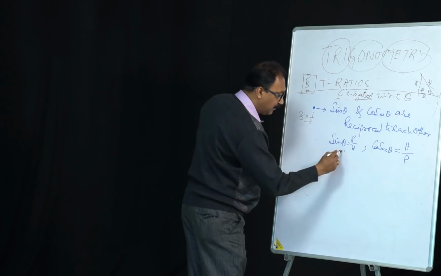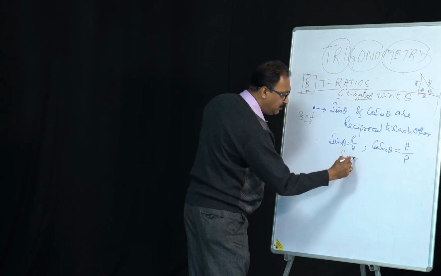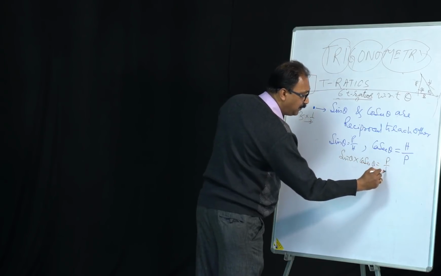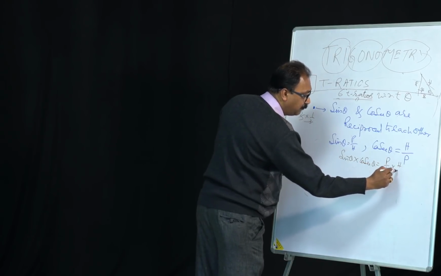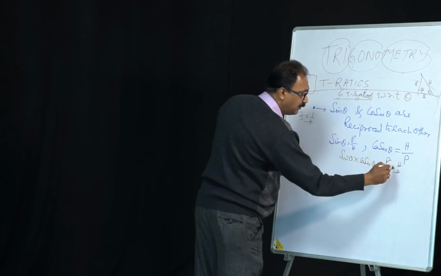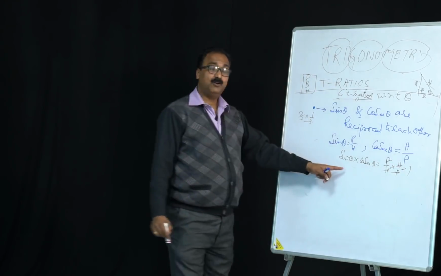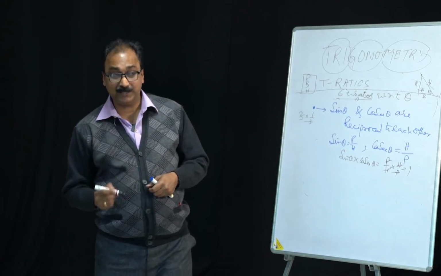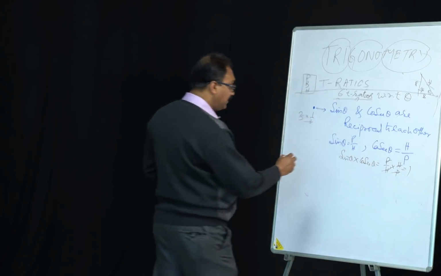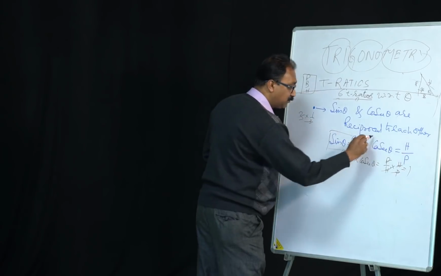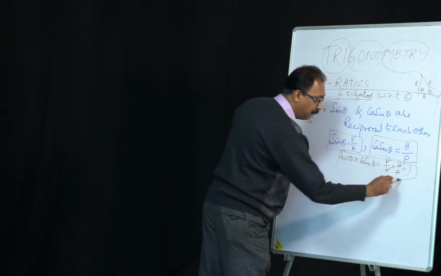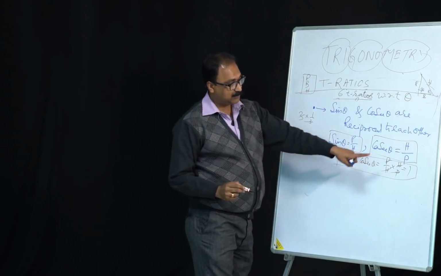Sine theta into cosec theta is equal to P by H into H by P. So you cancel, you will get 1. This is also one of the good important points, that sine theta into cosec theta is 1. And within a box, we can make it a formula which has to be remembered. So sine into cosec is also 1.